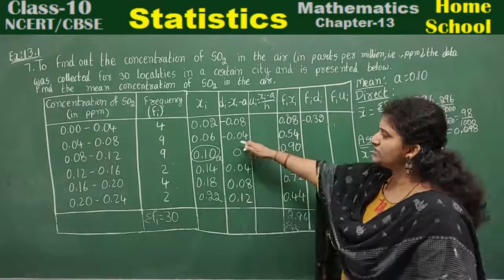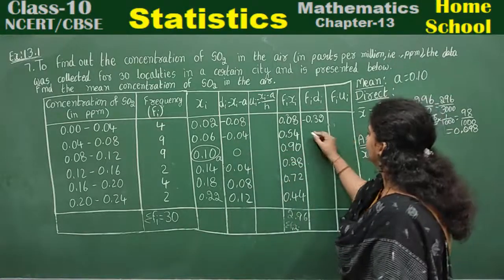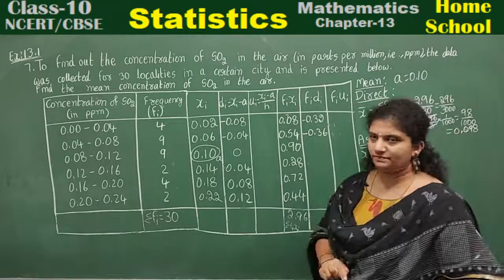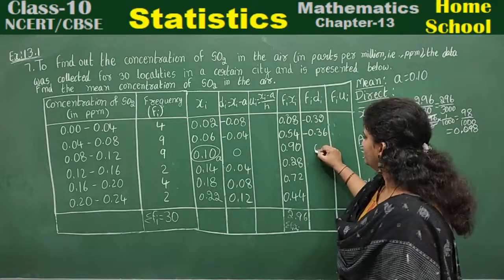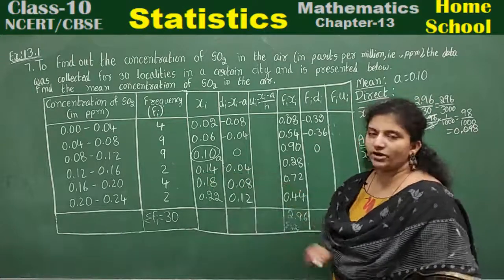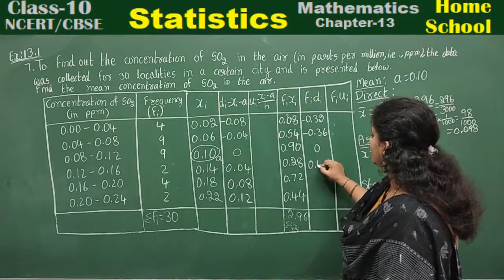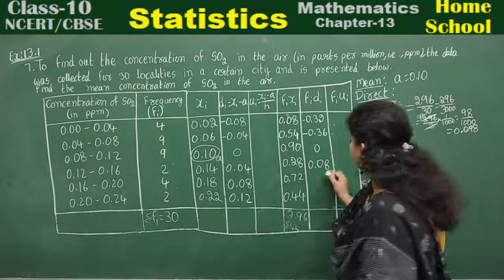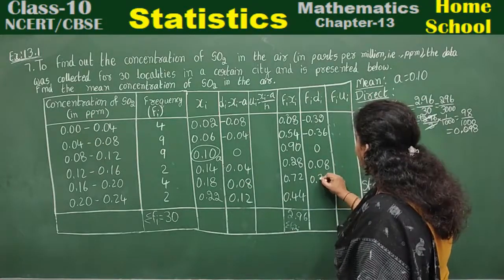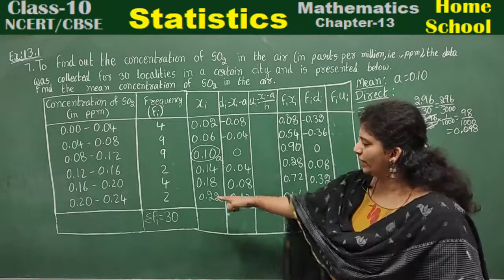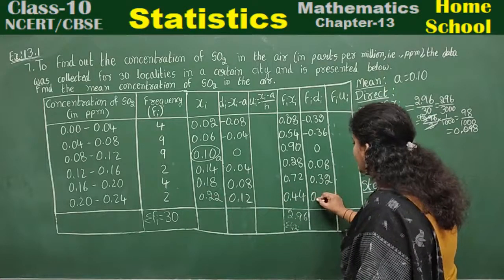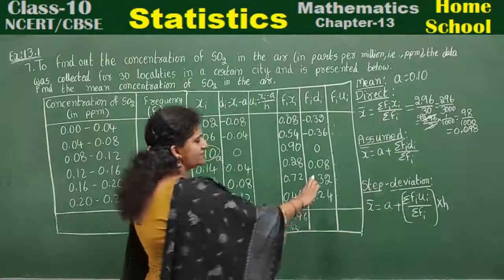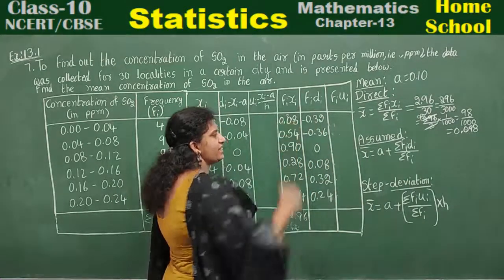Next, 9 into minus 0.04, minus 0.36. 9 into 0, 0. 2 into 0.04, 0.08. 4 into 0.08, 0.32. 2 into 0.12, 0.24. Add all these 3, and these 2 you add, then subtract.